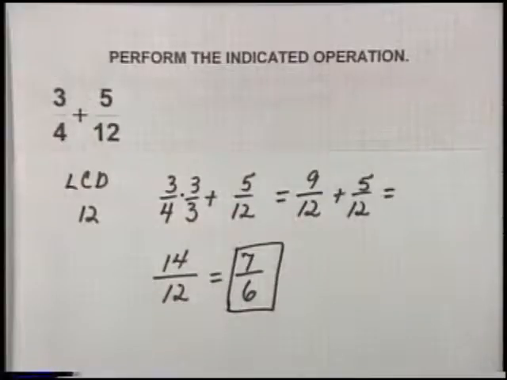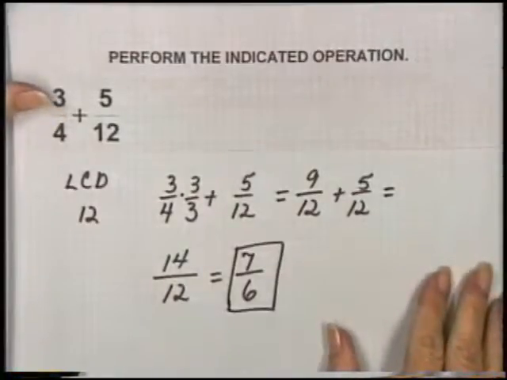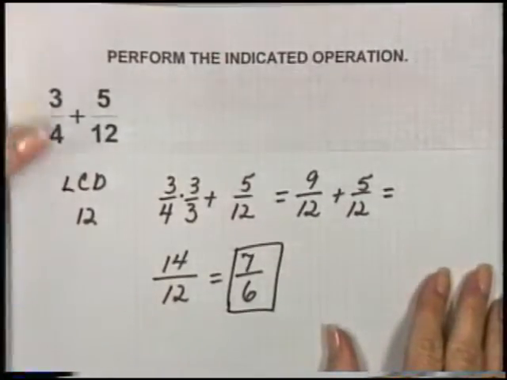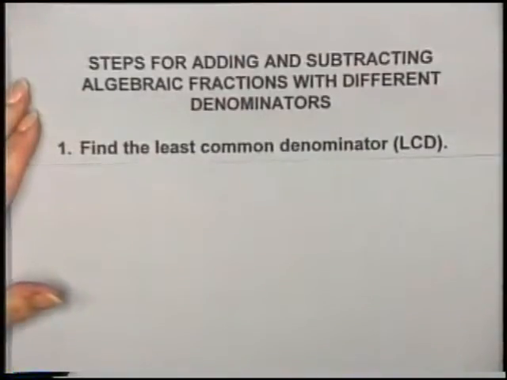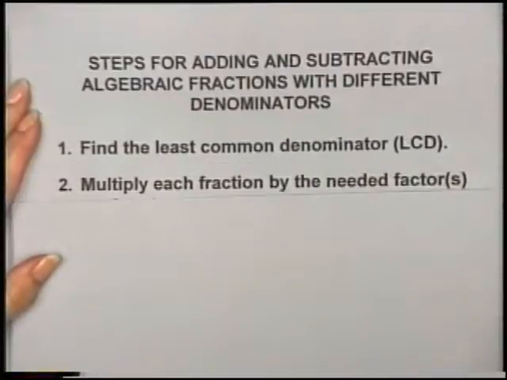When we add algebraic fractions, we shall follow the same steps. Let's go over those steps again. Steps for adding and subtracting algebraic fractions with different denominators. First, find the least common denominator.